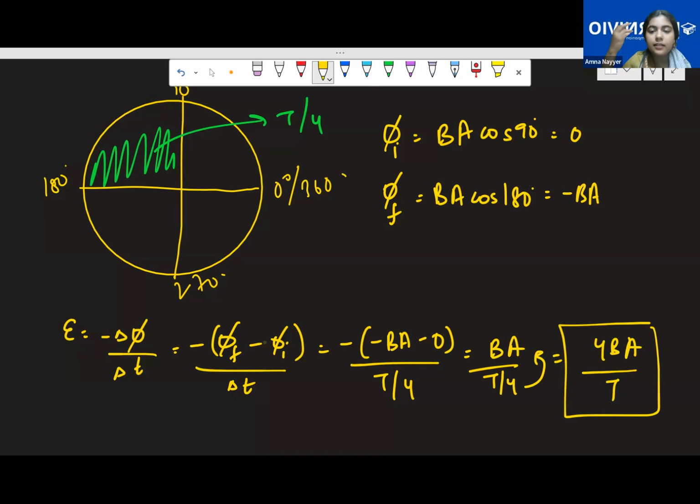Yes, Ali, Anisa, Aisha, Ubaidullah, Safrina, got it? Ma'am, how are we getting T by 4 for delta T? T by 4 is the time, no? Time duration, because 1/4 of the total time is taken.